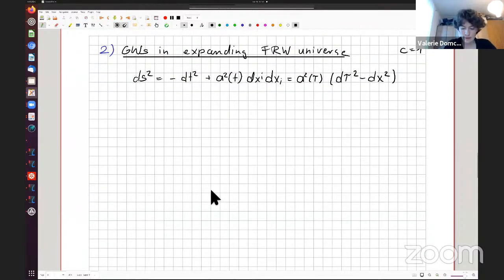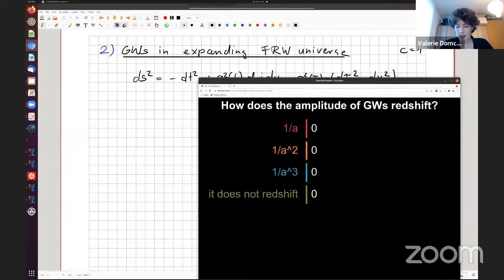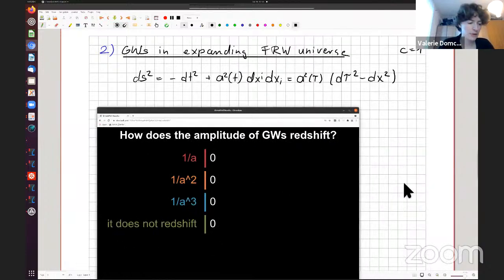So now that we have an expanding universe, I have another quiz question for you, and that is, how does the amplitude of a gravitational wave actually redshift? We know that for photons, in an expanding universe, the energy density decreases, and the amplitude of the photons redshifts as 1 over the scale factor, where a is the scale factor.